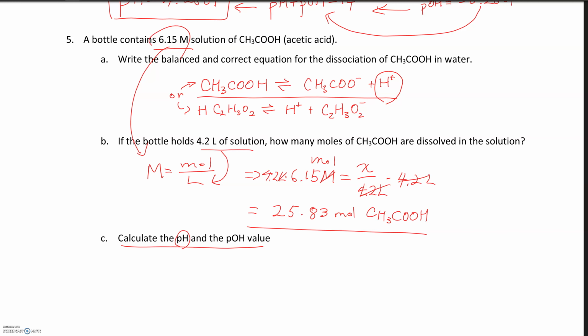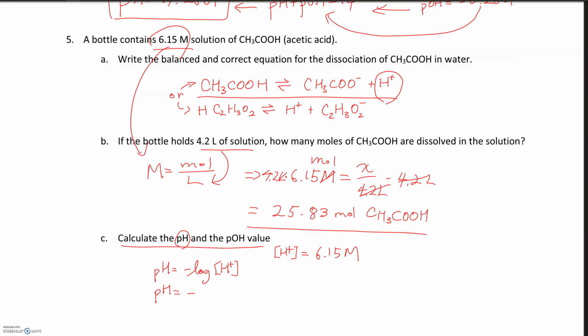Now, a hydrogen ion concentration, because it is a 1-to-1 ratio, because it's a monoprotic acid, tells us that we can keep using the equation pH equals -log of concentration of hydrogen ion, in which we've established from up top, because of monoprotic ion, hydrogen ion concentration is the same as the acid, which is 6.15 molar. So all we need to do is plug it right in here.